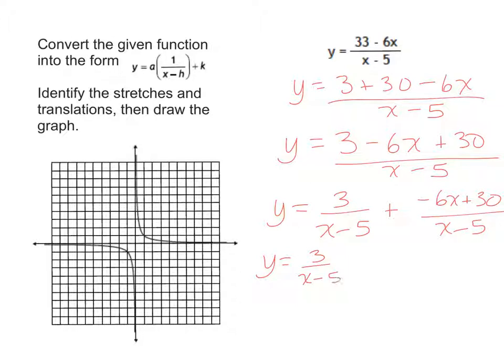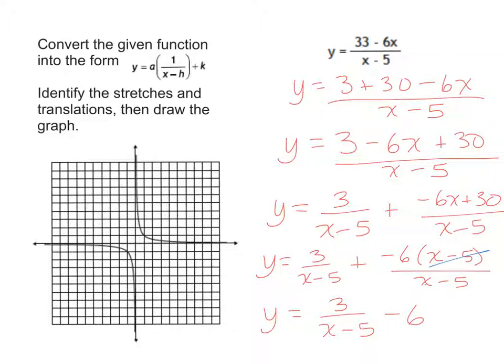Minus 6 times (x minus 5) is equal to that. So what I'll do with this one on the right is factor out a negative 6 in the numerator, and I get x minus 5. And there's the common factor, the x minus 5 in the top and the bottom. So now I can simplify it finally to y equals 3 over (x minus 5) minus 6 when I take out that common factor.